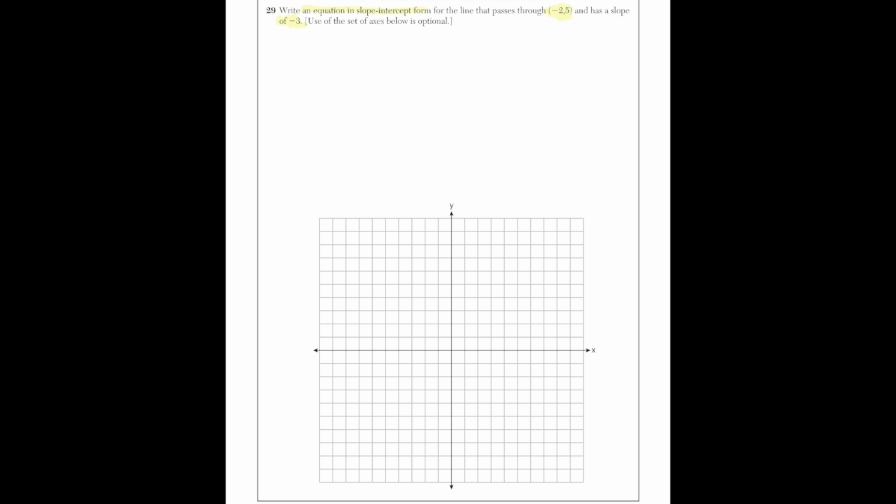One is to use the point-slope form, and we can use that formula, or two, you can derive it from the graph. I'm a fan of number 2, but I recognize there are some people who would like to do it algebraically. So let's start with that one, which is the point-slope form.